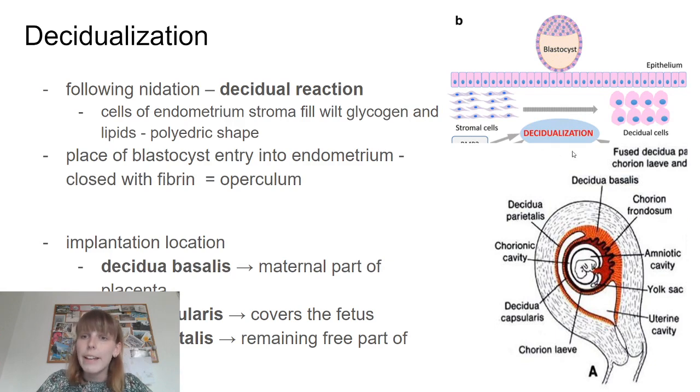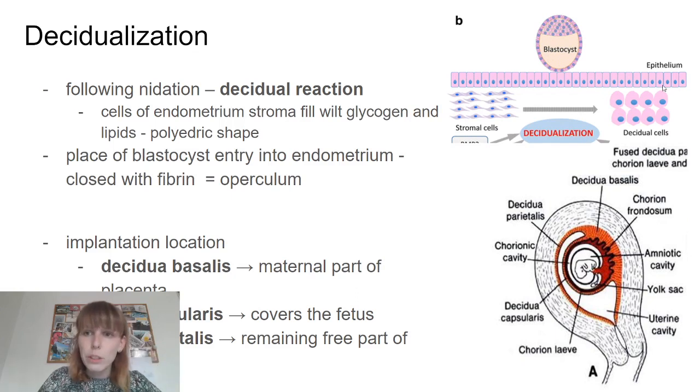And when the nidation happens, they will start storing a lot of glycogen. They will fill with glycogen and lipids, and from cells with a spindle-like shape, they will become round, or rather polyhedral, which means they will not be perfectly round but will have many angles, but they will not be elongated like this.